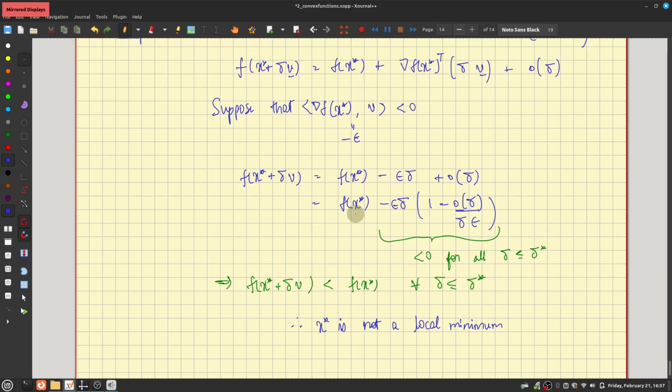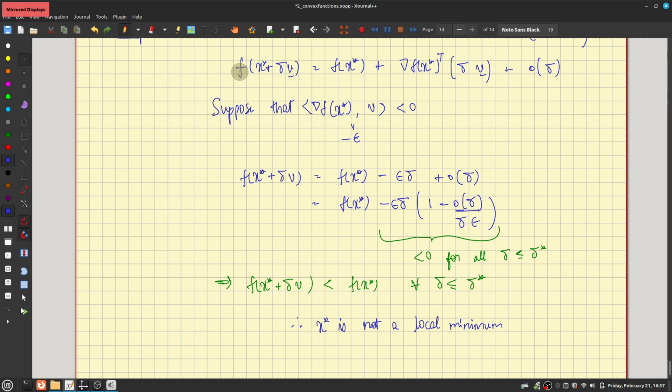Basically, what we've shown is that if the directional derivative is negative along even one direction, then this point cannot be a local minimum. So if x star has to be a local minimum, then along every direction, the directional derivative should be non-negative, greater than or equal to 0.